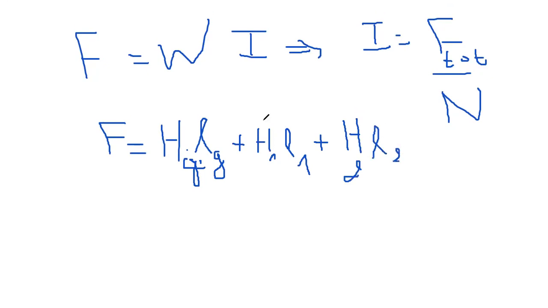Sorry, we have two H1, L1. So since we have different pieces in this core, each one has a different field intensity and different flux density. Let's see the presentation again.